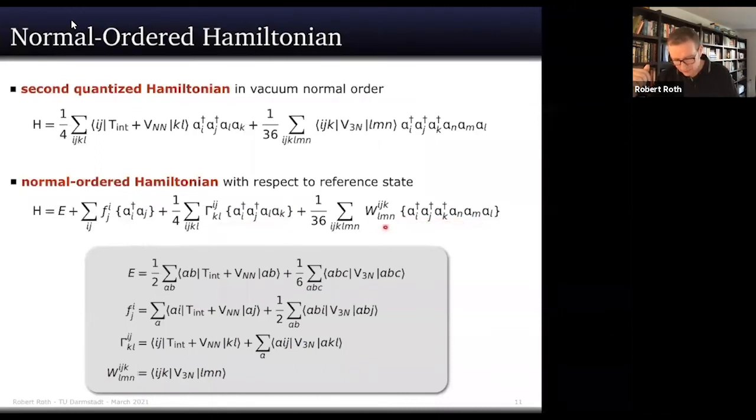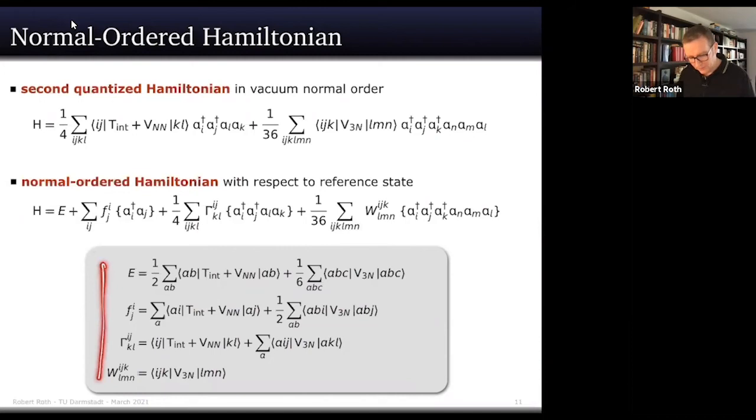And I have now three-body matrix elements, which I call W, and two-body elements, which I call gamma. I also get one-body matrix elements, although they were not here to begin with. They are called F. And I get a zero-body part, which is just a number, with no creation or annihilation operators attached to it. And this simply comes from the transformation from this vacuum normal order into reference state normal order. And from this transformation, I can write down what these matrix elements are.